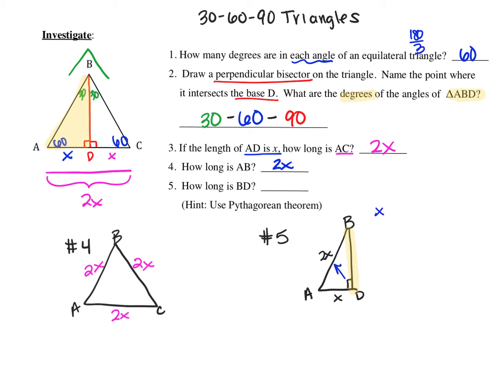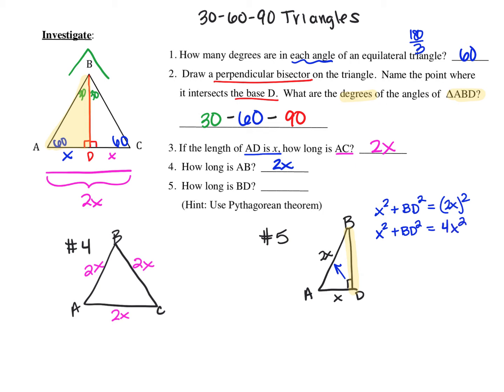So we have x squared plus the length of BD squared, whatever that is going to be, equal to 2x squared. Okay, so we have to simplify the 2x squared. So we have x squared plus BD squared, and then 2x times 2x is going to be 4x squared.